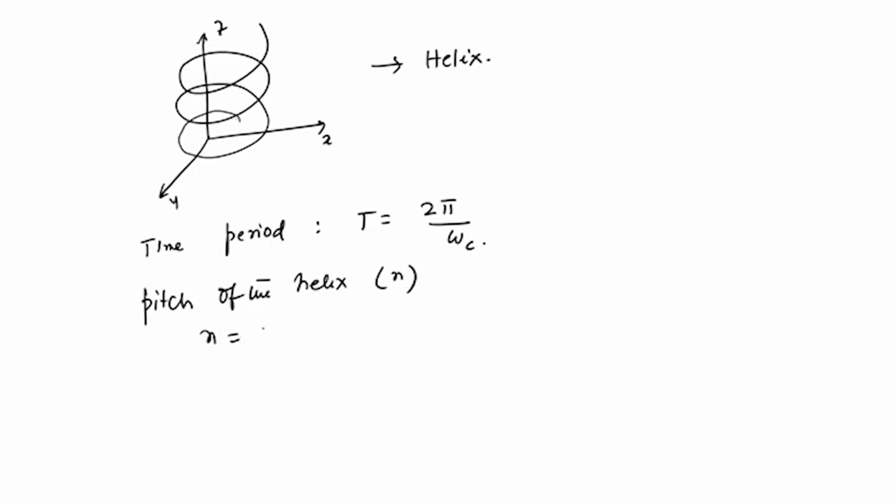So, n is equal to Vz times T, so Vz times 2 pi over omega c, that is 2 pi m Vz over qB. Okay. So, that is the pitch of the helix, and this is exactly integrating out the equation of motion, and that is what we did here.